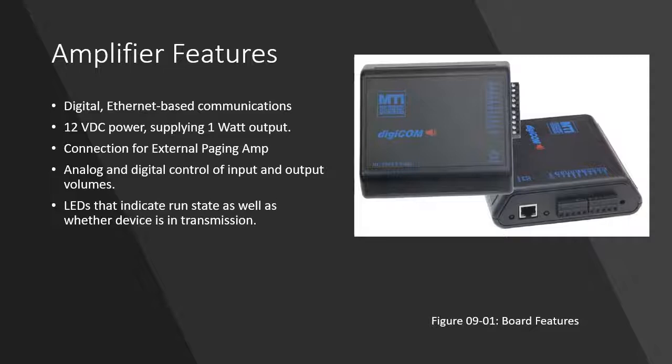The digital amplifier provides a digital Ethernet-based means of communications. You do not have to have an analog audio bus from your control station down to your amplifier and onto your termination boards.